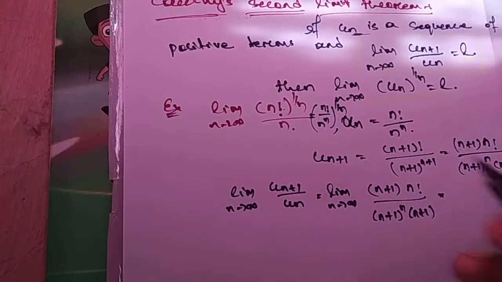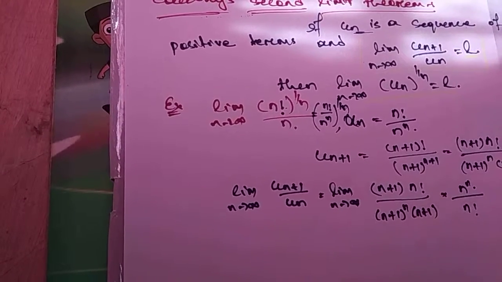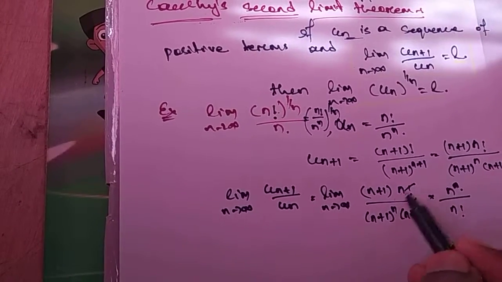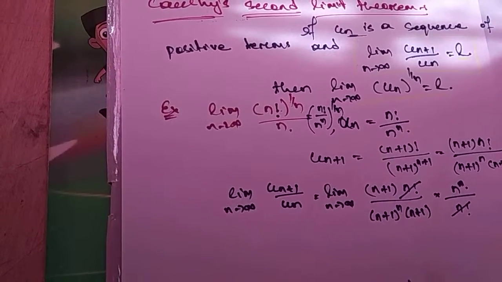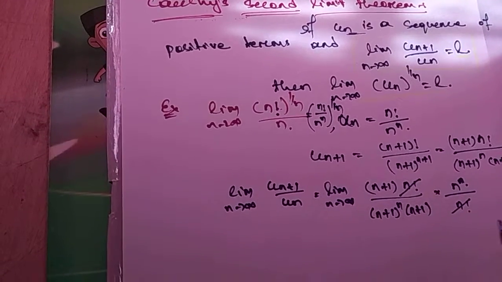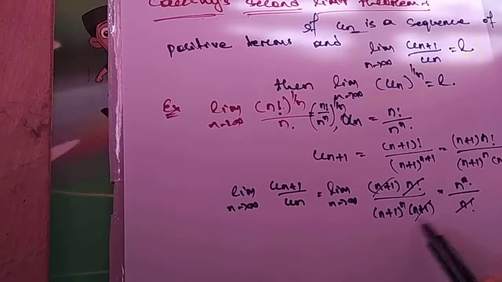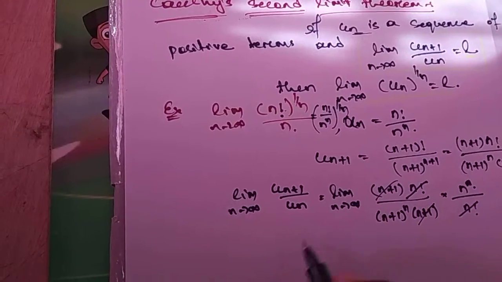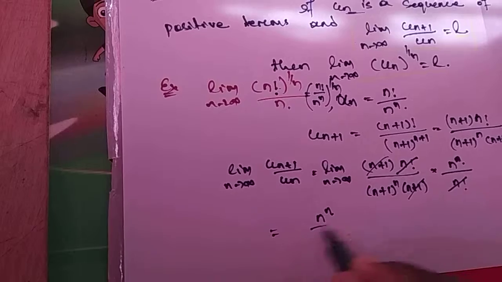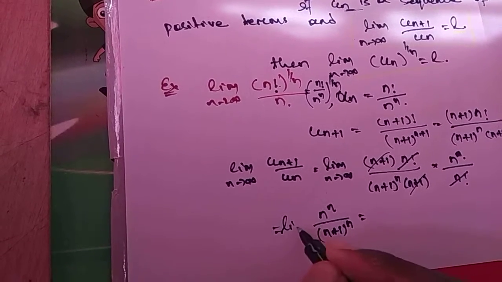Un is n factorial divided by n to the power n, so we take the reciprocal. Here we are just cancelling n factorial with n factorial, and we can cancel n plus 1 with n plus 1. It would become n to the power n divided by (n plus 1) to the power n.